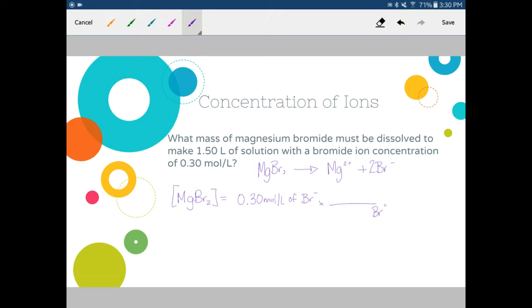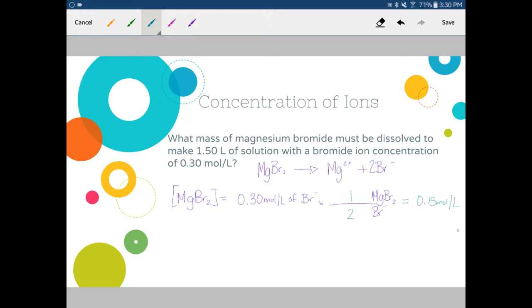I prefer to do a unit cancellation rather than doing the required over given, but if you prefer your required over given ratio, then that is fine. My mole ratio is for 2 bromides, I have 1 magnesium bromide. So I'm going to multiply by 1/2, and this is going to equal 0.15 moles per liter.